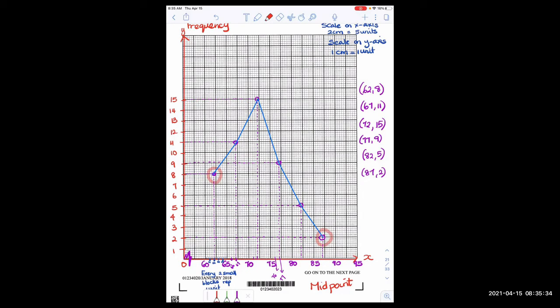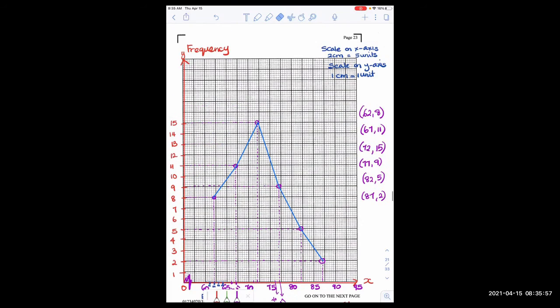It must be a closed figure. So we have to insert two values that will close the frequency polygon. Which means we have to find two intervals, the interval before 60 to 64 and the interval after 80 to 89.